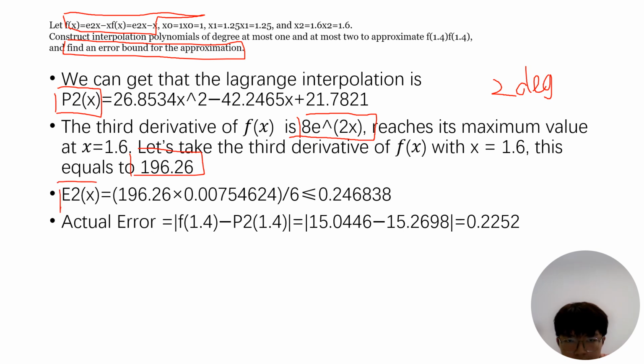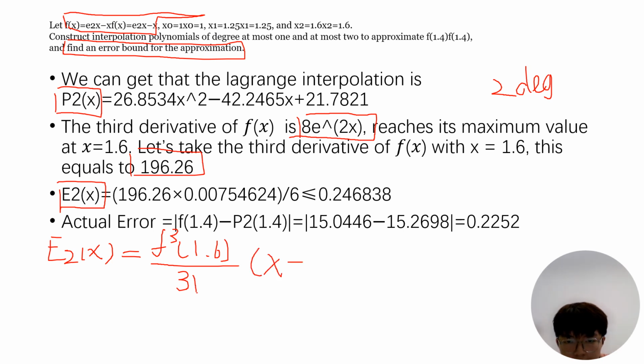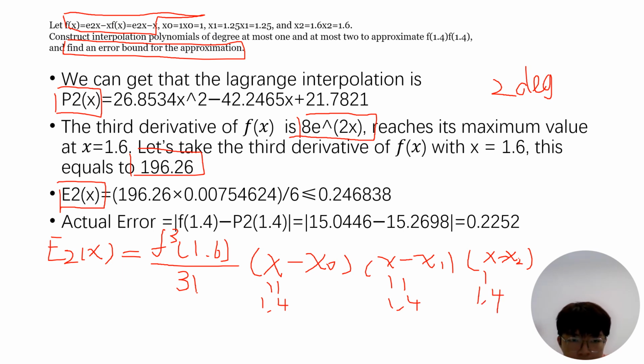E2(x) is the error bound. Here x is 1.4, and this is less than this value.